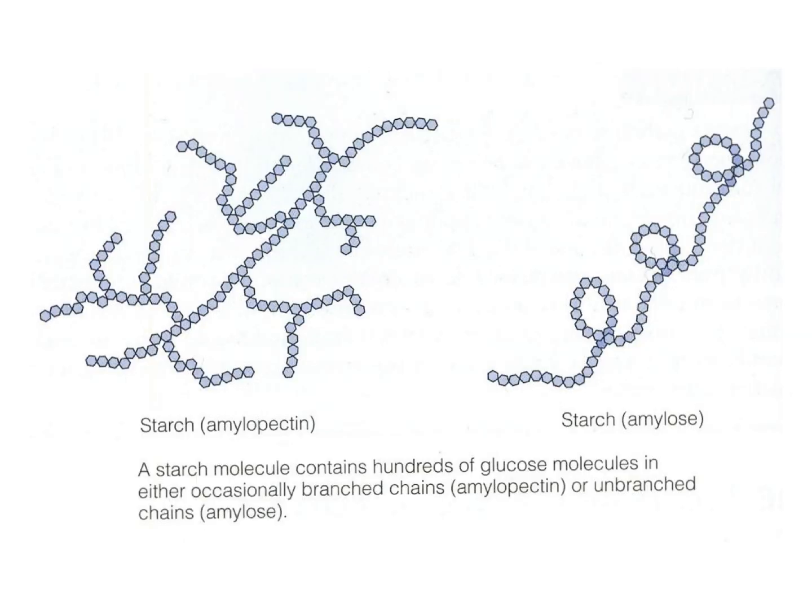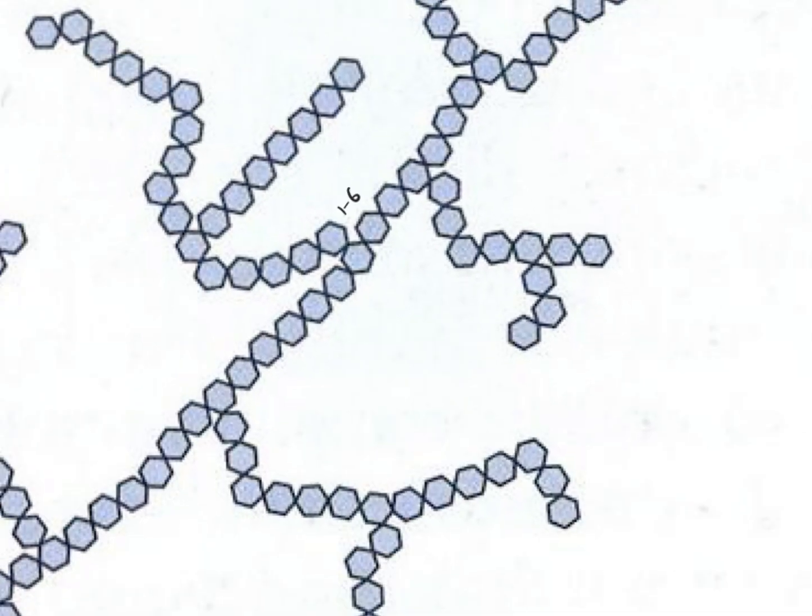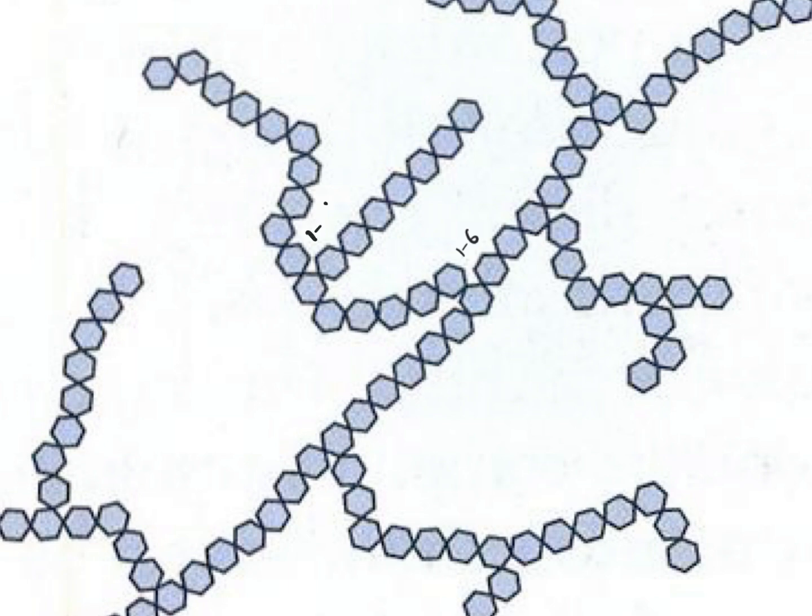Starch is typically a mixture of the amylose component, which is where you have the helical structure, and the amylopectin component, where you have branches coming off. So each one of these branches is where you've had a 1,6 alpha glycosidic bond forming.